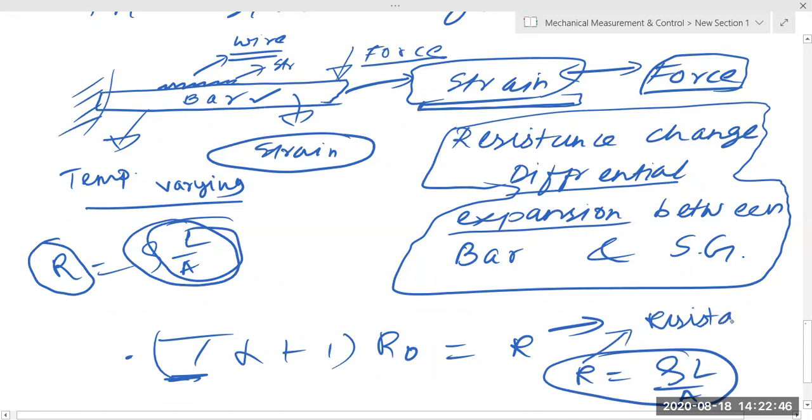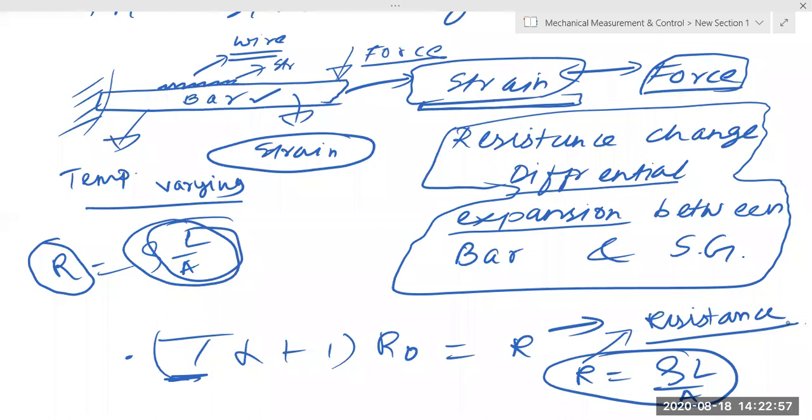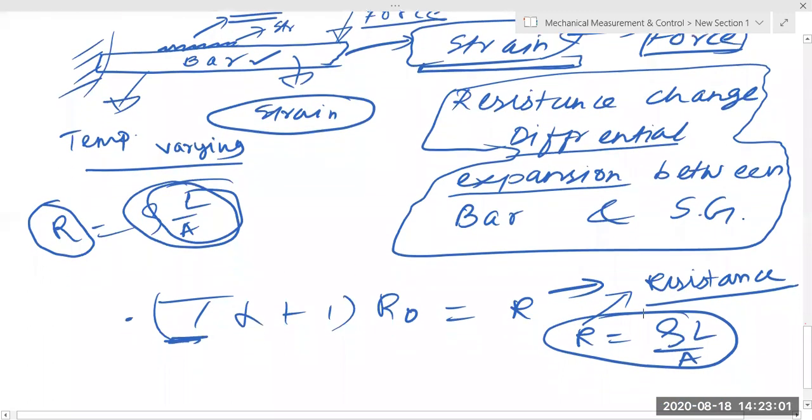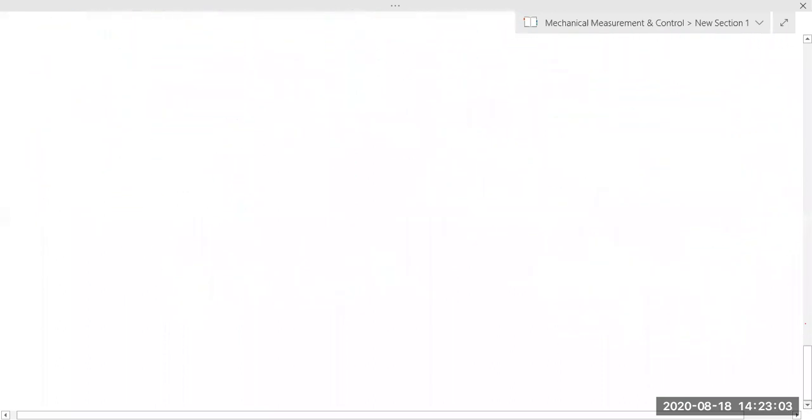There is one resistance change due to strain induced, and another due to differential expansion between the bar and the strain gauge. So just get it clear. There can be two interfering factors leading to change in resistance. Okay, is everyone okay? Is everyone okay? Yes, sir.